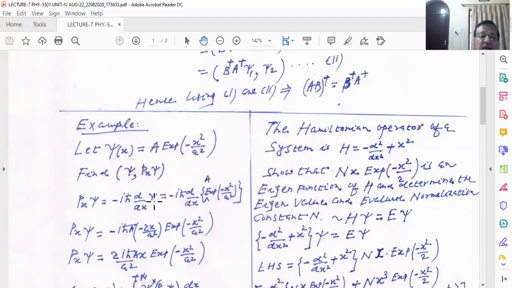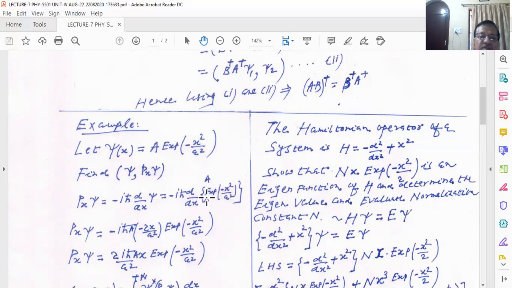Psi is our eigenfunction, constant a times the exponential of minus x squared by a squared. Please remember this is the constant a here, then the exponential of minus x squared by a squared.